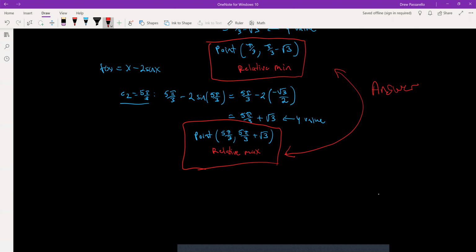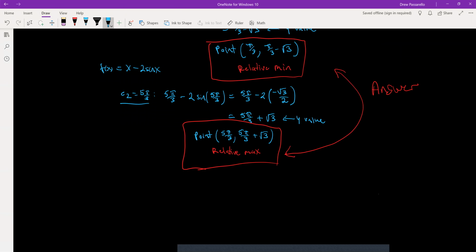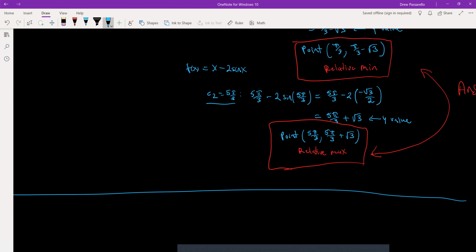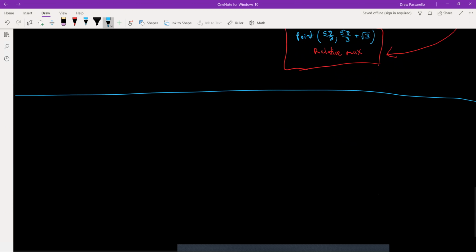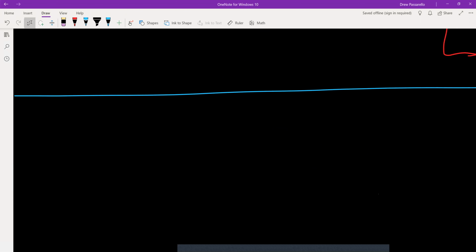All right, so that's number 41. Next one is number 47. All right, so number 47 is f of x equal to sine squared x plus sine x.